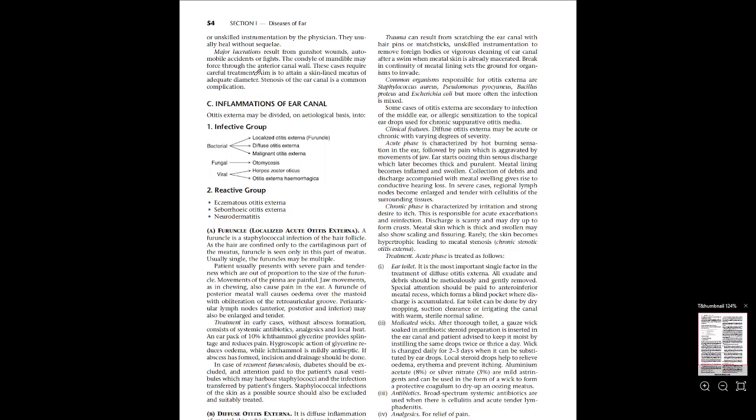So there are different inflammations of the ear canal due to bacteria, fungi, or viruses. Bacteria can cause furuncles, meaning localized otitis externa. Otitis means inflammation, externa means of the outer ear.